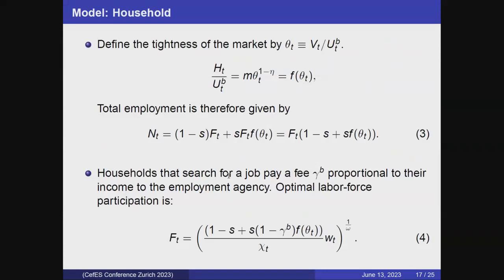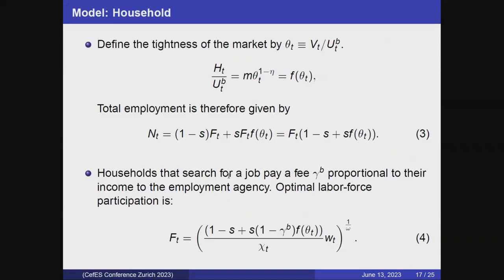So basically, this is telling you the probability that you get a job. H_t is the number of people that are going to be hired with respect to the unemployed people. That's giving you the probability of getting a job. And the probability of getting a job is a positive function of theta.